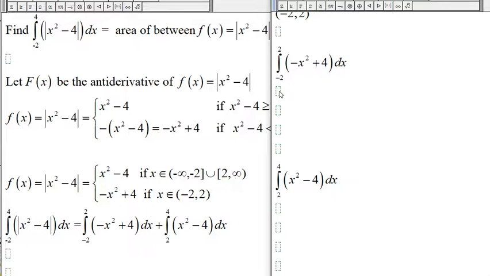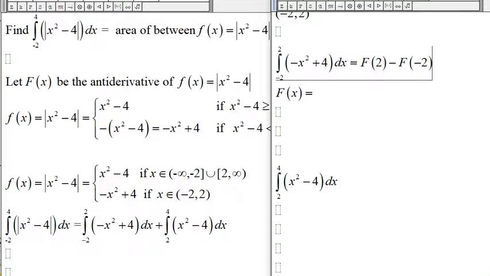For this definite integral, by the fundamental theorem of calculus, this is equal to the antiderivative evaluated at 2, minus the antiderivative evaluated at negative 2.